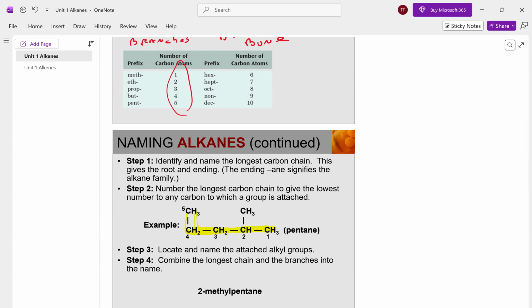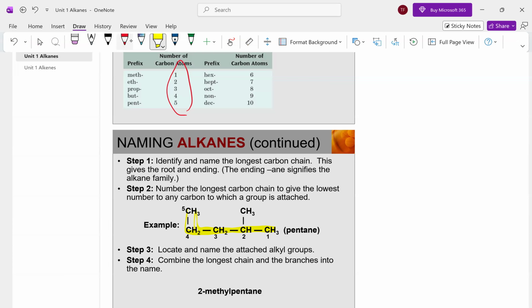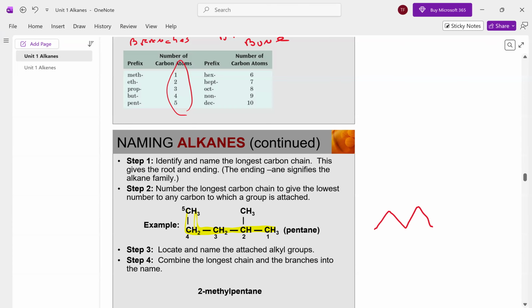And we have 1 branch. One, two, three, four, 5. Beginning is a carbon, ending is a carbon, and we have 3 kinks, also carbons, 5 total.